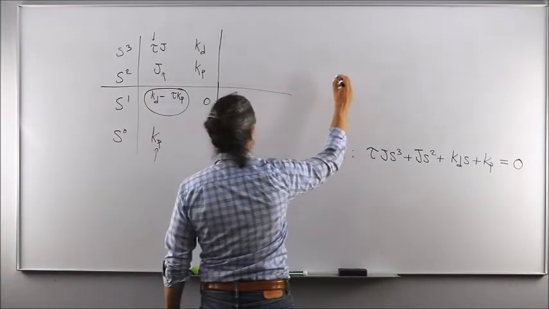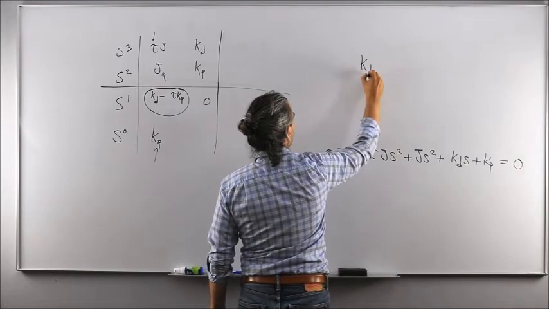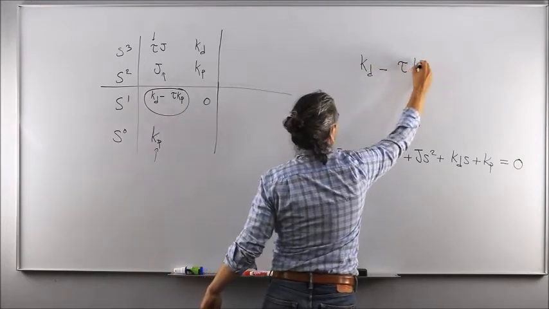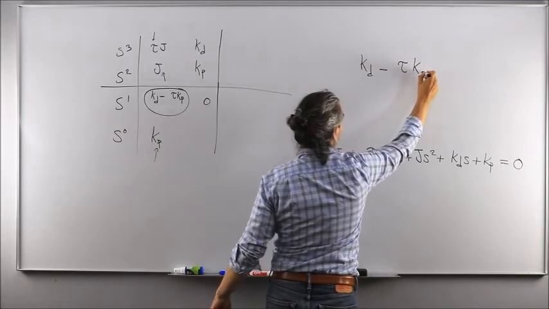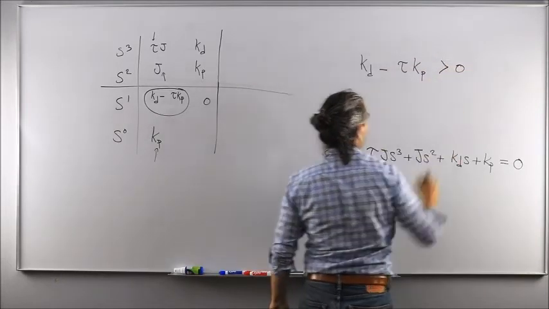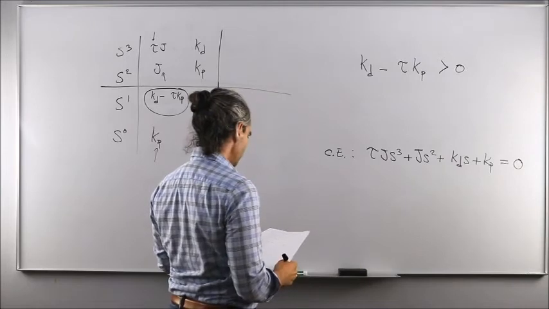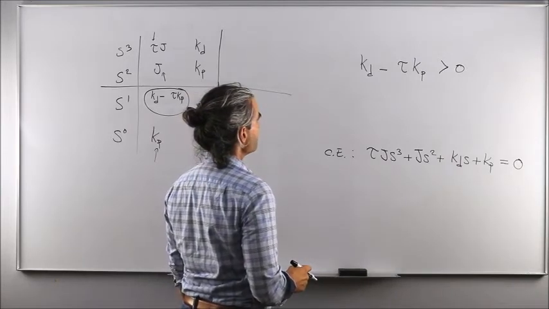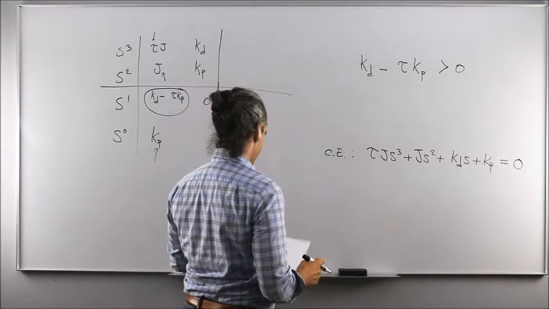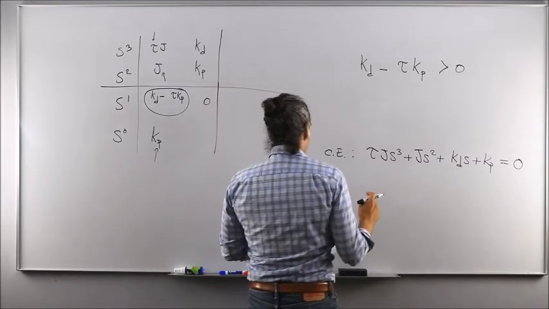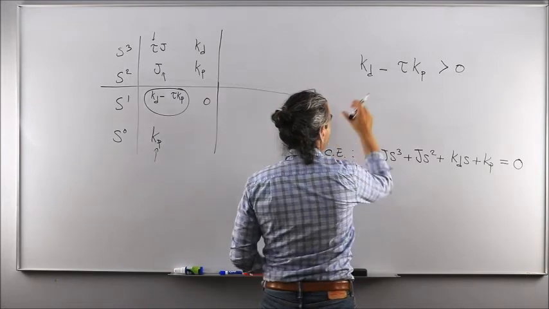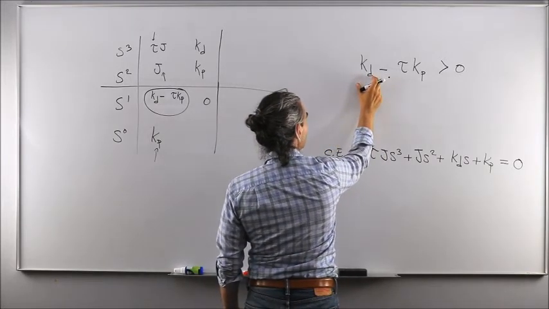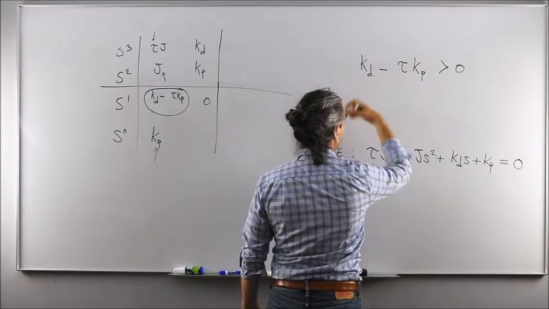Because as per the Routh stability criteria, if we don't want any sign change, this better be greater than 0. Which means that if this is positive, well, we know that Kp and Kd are positive, okay?